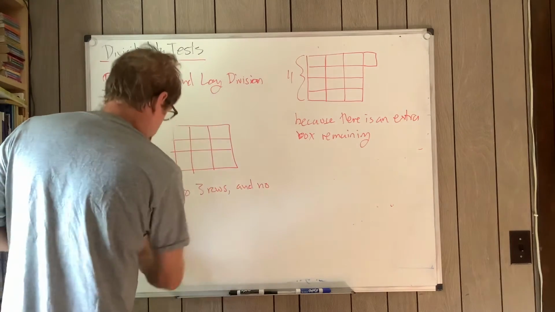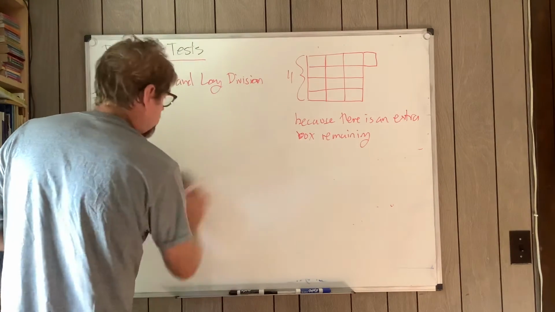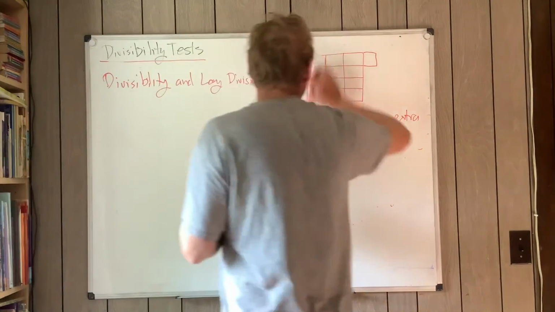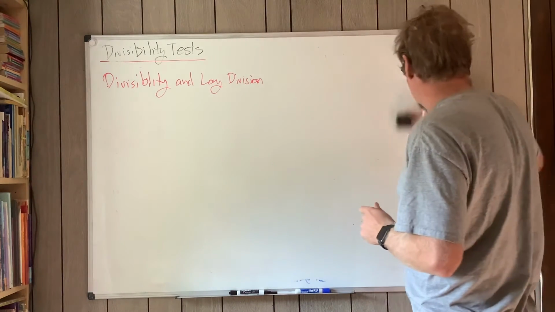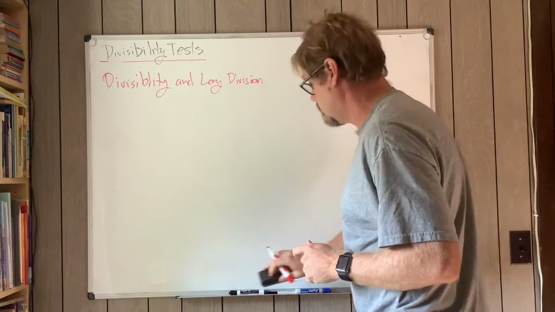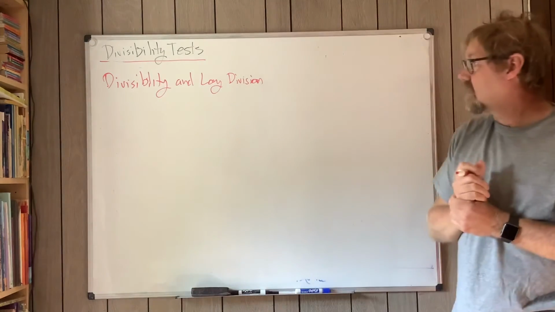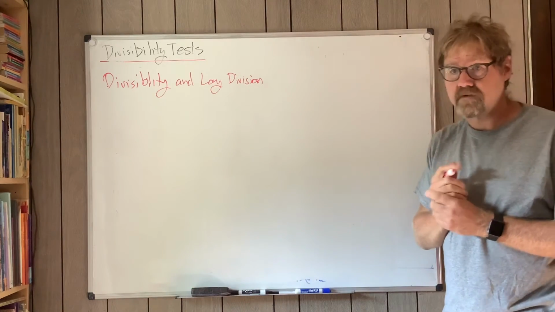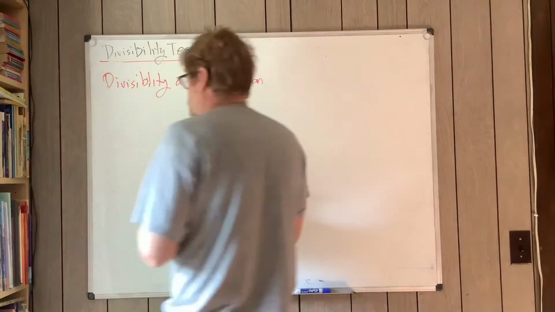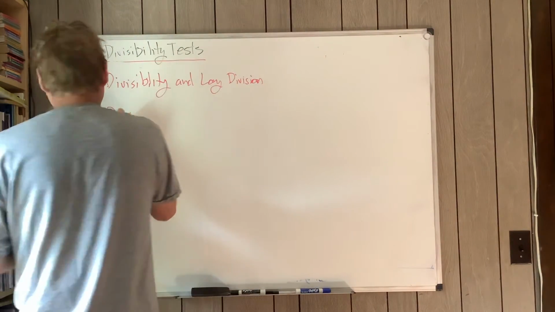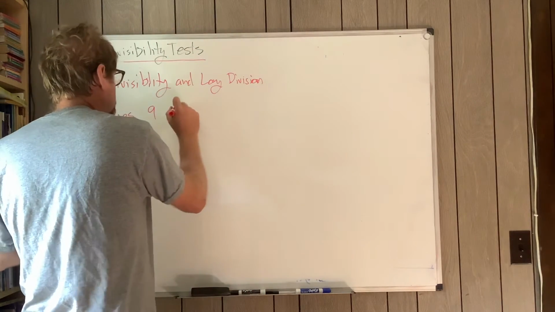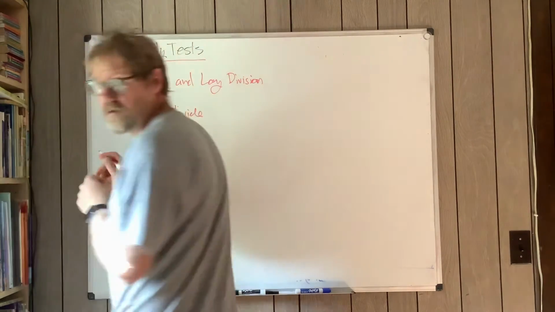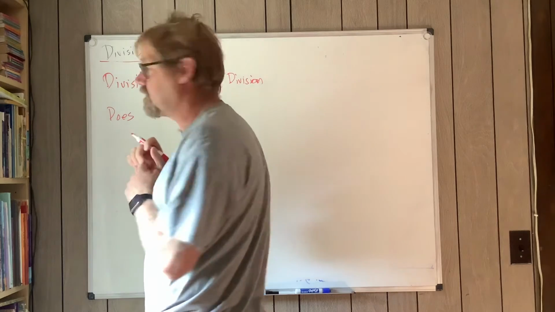The big thing we just saw is if we do division on a problem that's talking about divisibility, then we need to just show remainder 0. So here's the question: does 9 divide 4725?